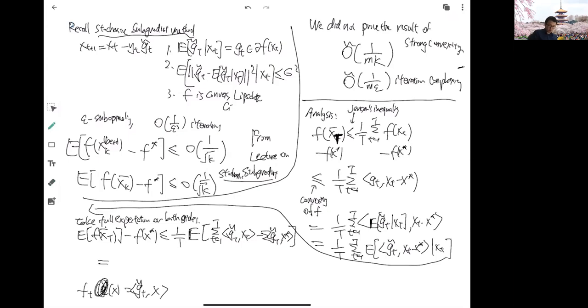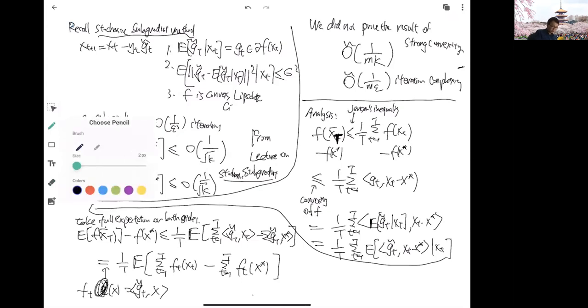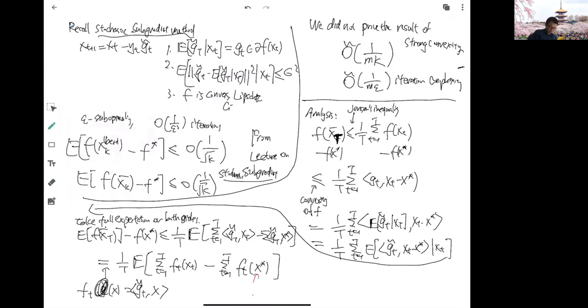So with this definition, we can write it as 1 over t times the expectation of the sum from 1 to t of f_t of x_t minus the sum from 1 to t of f_t of x star. I wanted to emphasize that this x star is the minimizer.